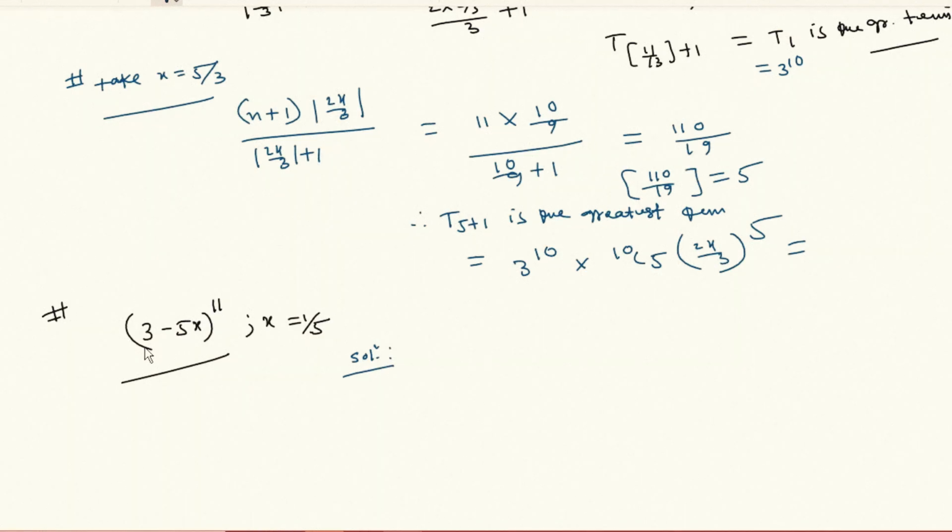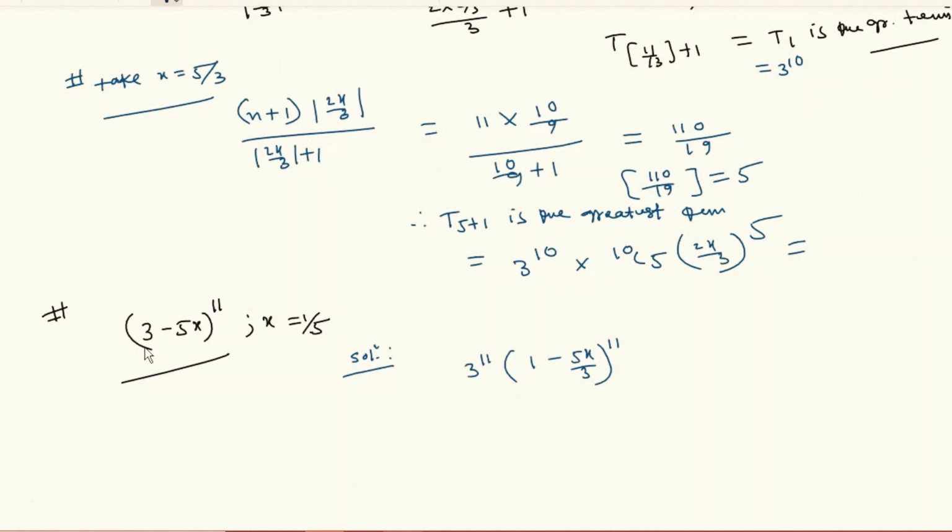This again we are going to arrange by expressing in the form 1 plus x to the power n. Similar procedure. So this will write 3 to the power 11, 1 minus 5x by 3 to the power 11.